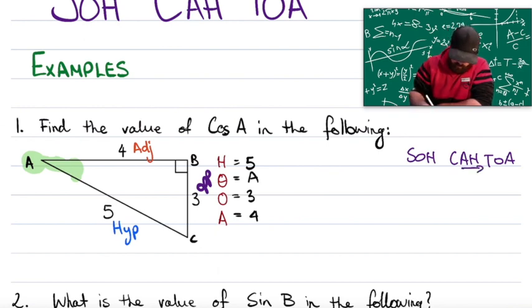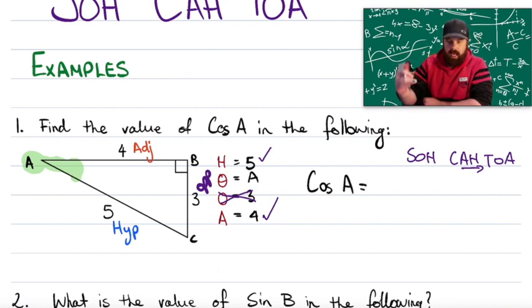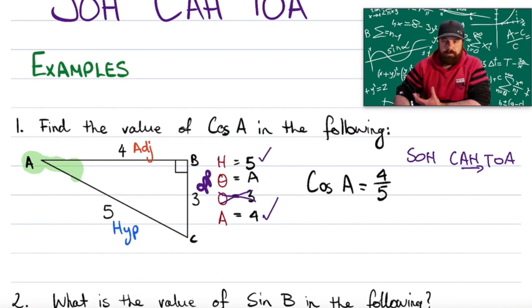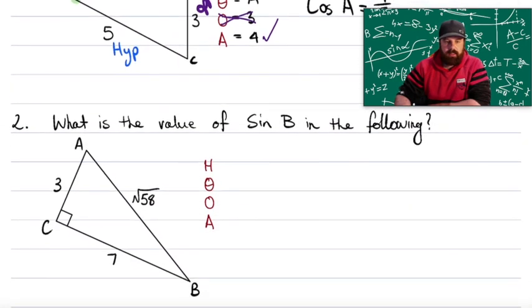So I want the adjacent side, I want the hypotenuse, I'm not worrying about our opposite side. So to answer this question, cos of A is equal to, and following the order AH, so it is 4 over 5. Cool. Moving on to the next example.